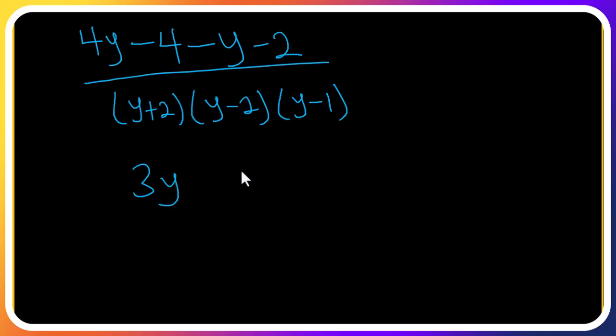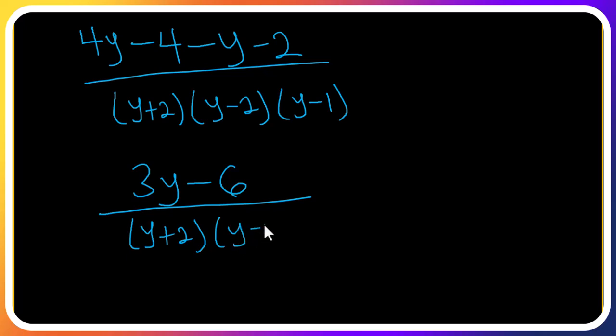Minus 4 minus 2 gives us minus 6. So that is simplifying the numerator part of the fraction, divided by y plus 2, y minus 2, y minus 1.